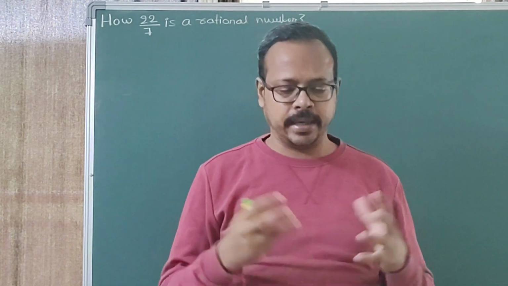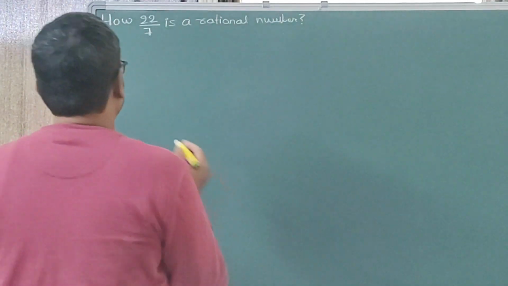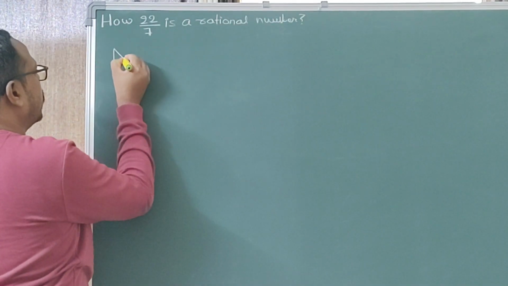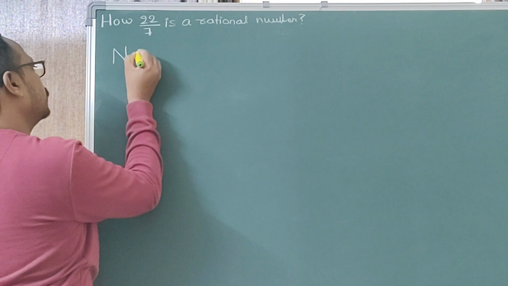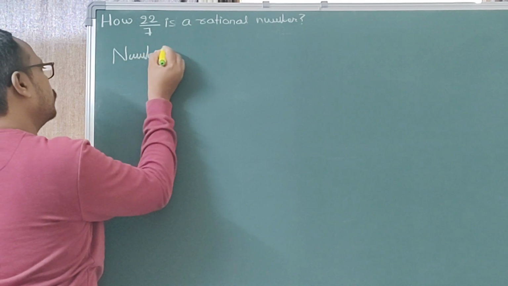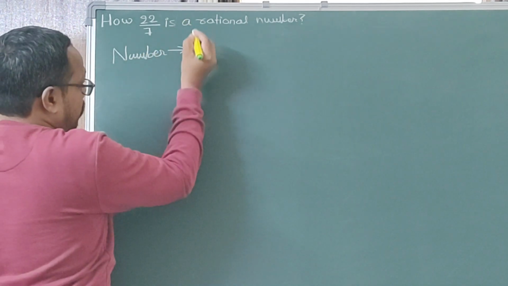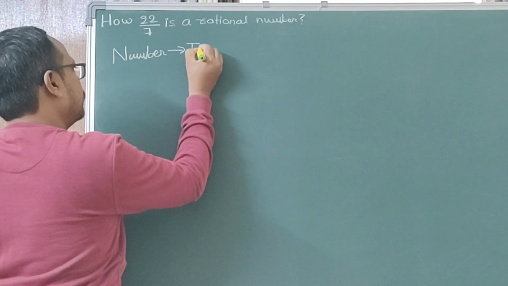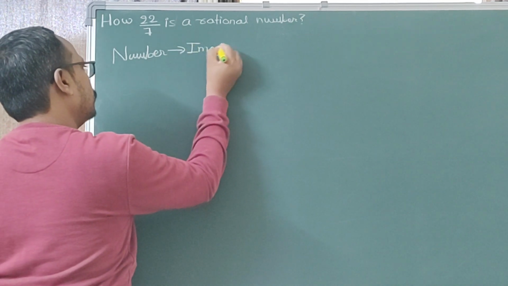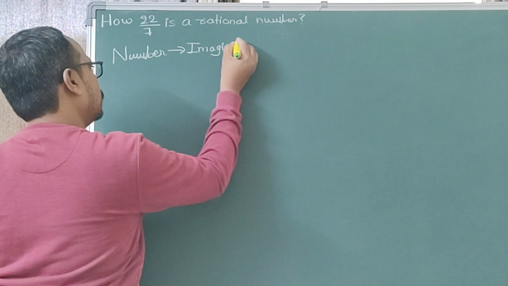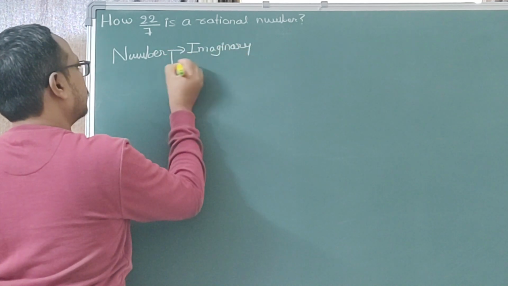How many types of numbers do we deal with? If you think about it, numbers are of two types. First one is imaginary, and second one is real.